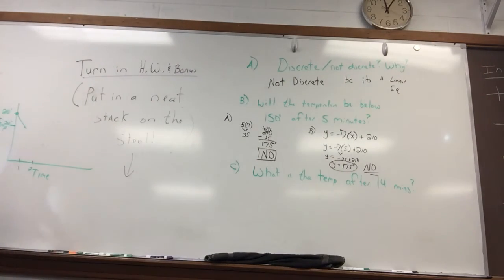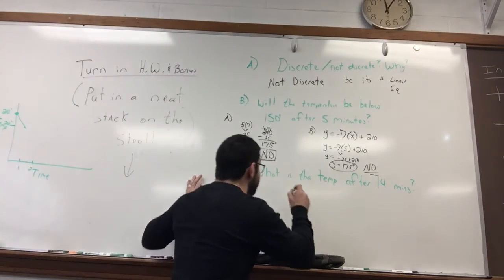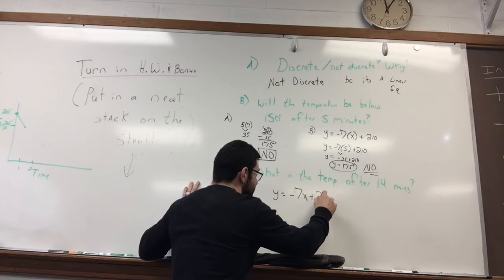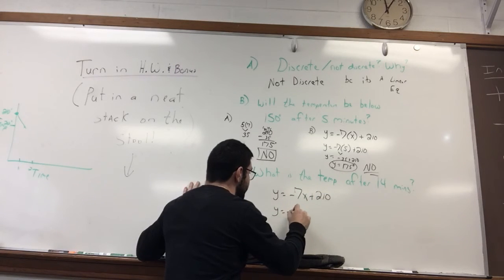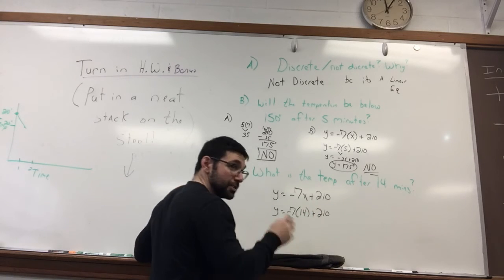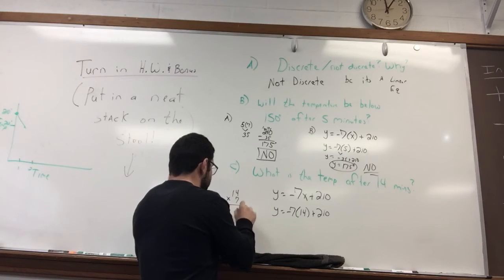Okay? So same idea for what is the temperature after 14 minutes. Who thinks they know what the temperature is after 14 minutes? Who got this far? Go ahead. 112 degrees. Let's find out. Y equals negative 7x plus 210. You did y equals negative 7 multiplied by 14 plus 210, yeah? 14 multiplied by 7 is 98.